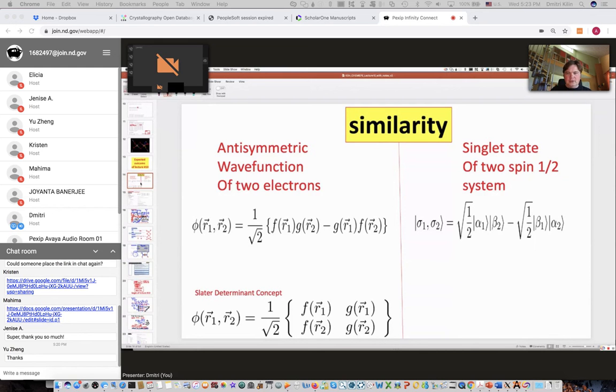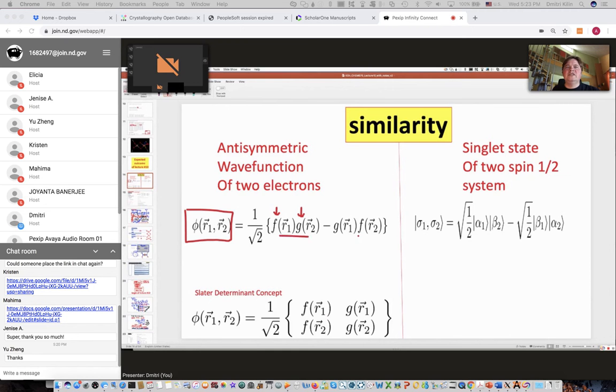So, a Slater determinant is a way to compose a multi-electron wave function out of one-electron orbitals, called here F and G. In order to match the Pauli exclusion principle, there is a product of two orbitals repeated twice, 1 and 2.